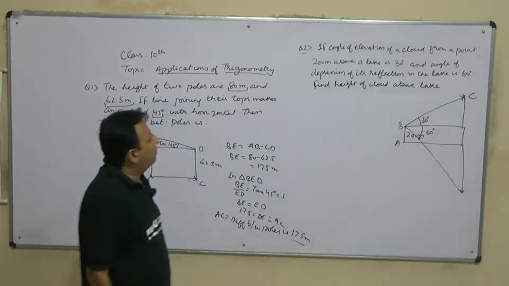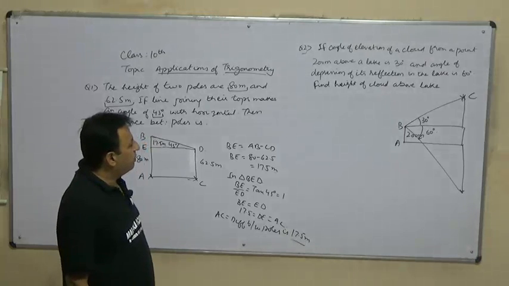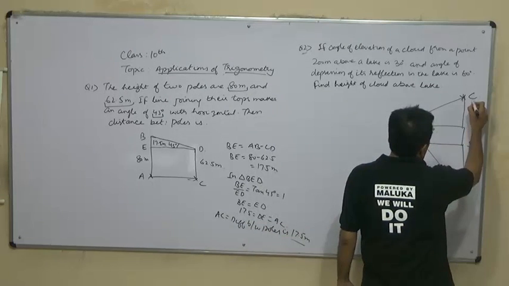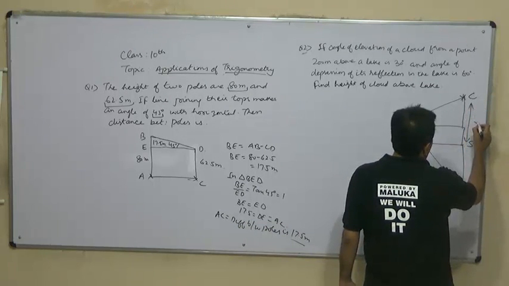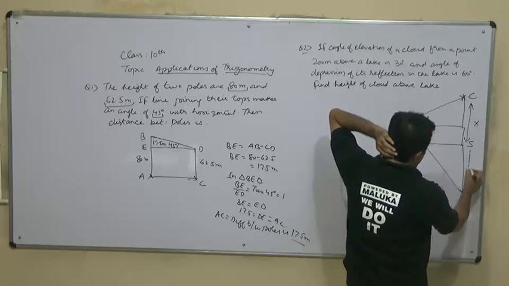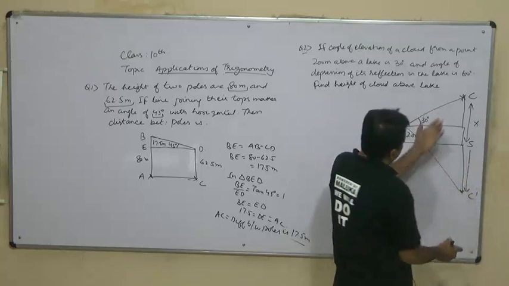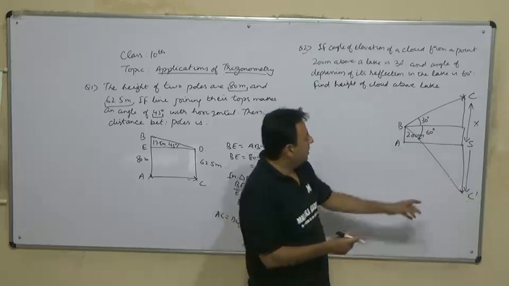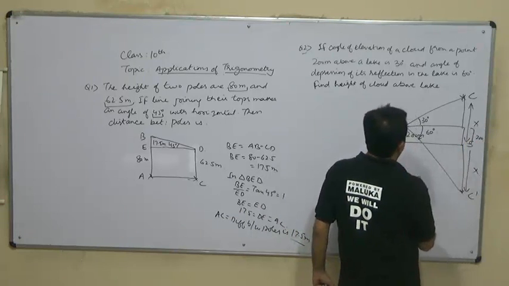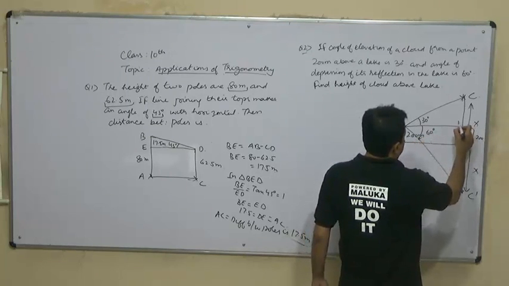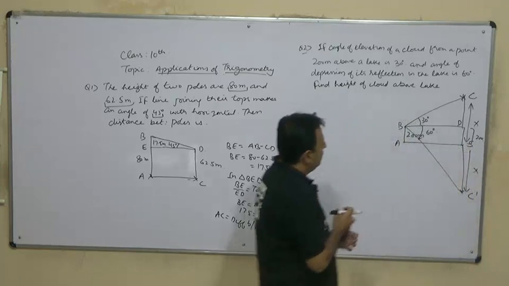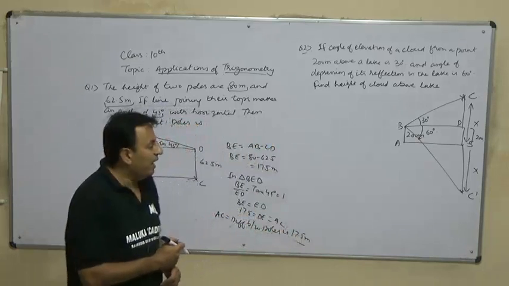We want to find the height of the cloud above the lake, let it be X. By the law of reflection, if the reflection of the cloud is C dash, then this is also X, and this is your 200 meter. Let this be A, B, C, D, E, and let this be S. We want to find the value of X.